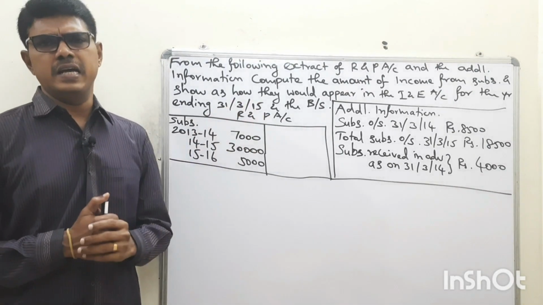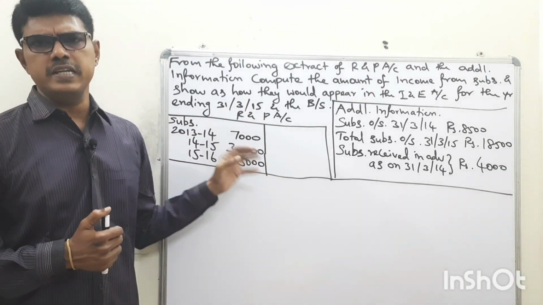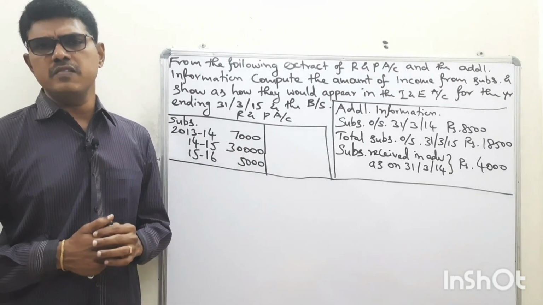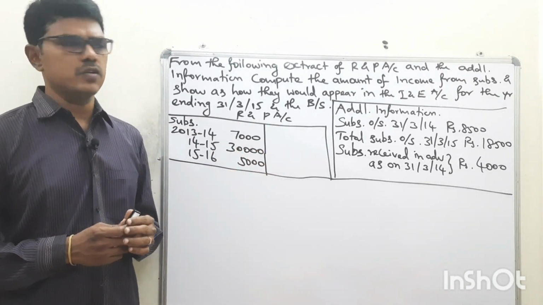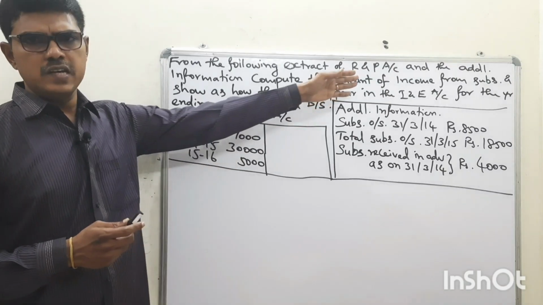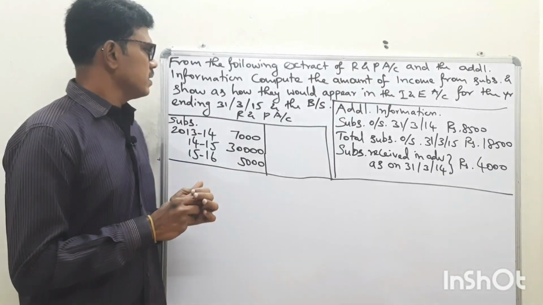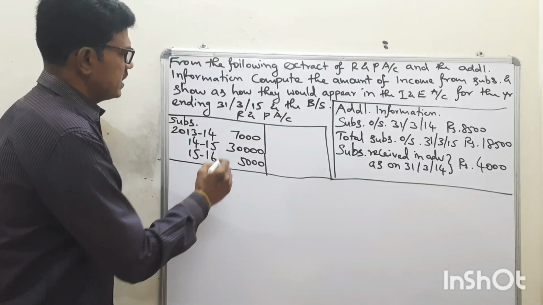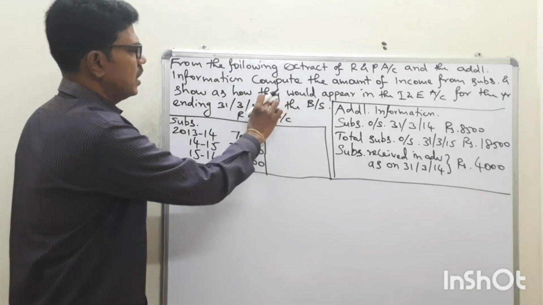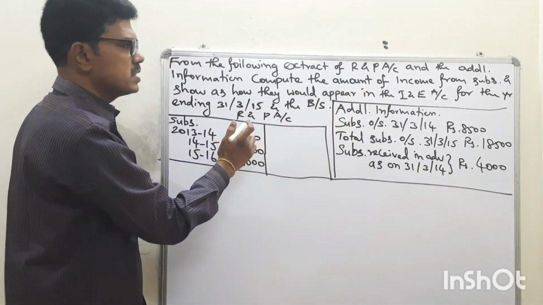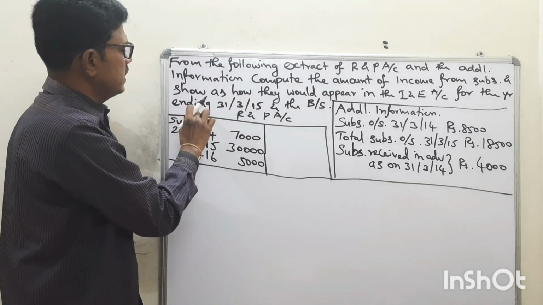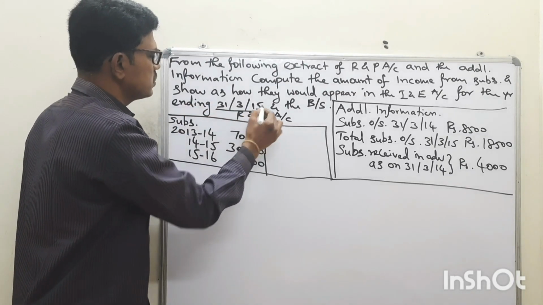After reading out the problem, we should first identify for which financial year we are going to calculate the income from subscription. Here they have asked how it would appear in the income and expenditure account for the year ending 31st March 2015.